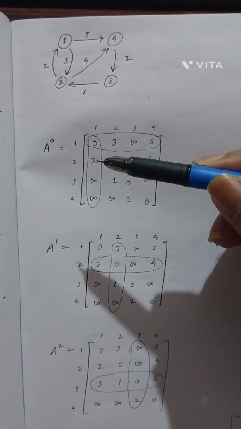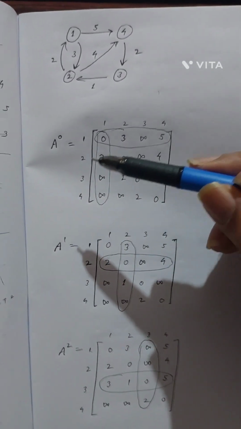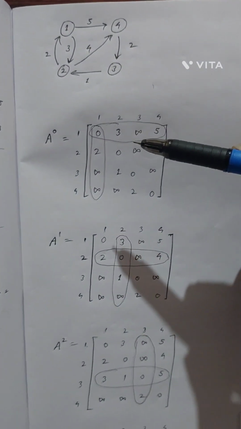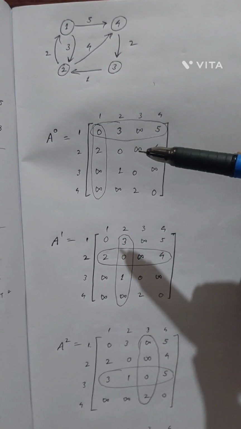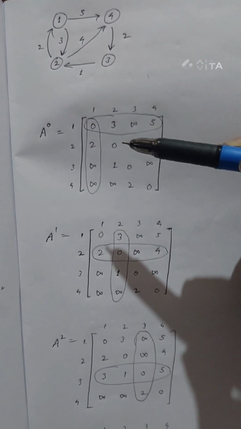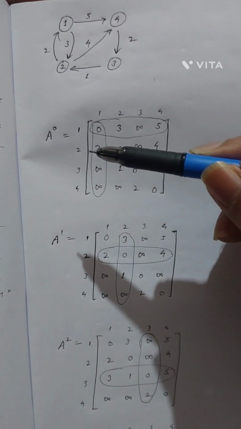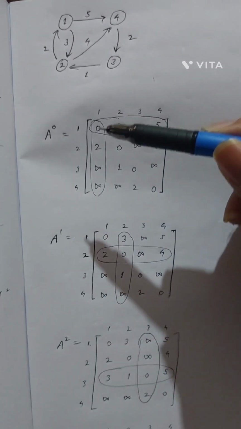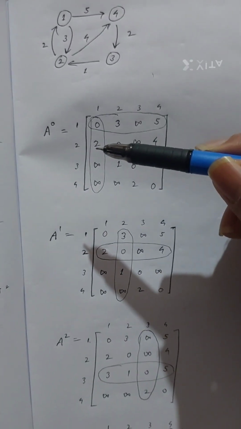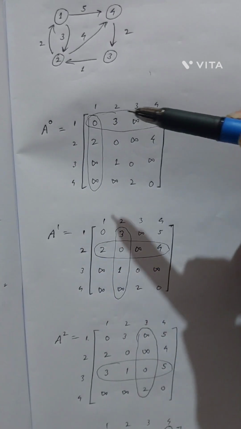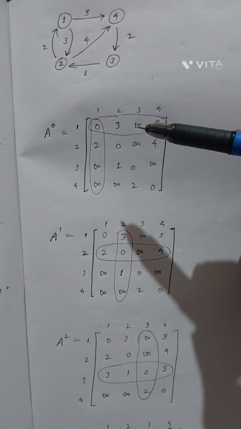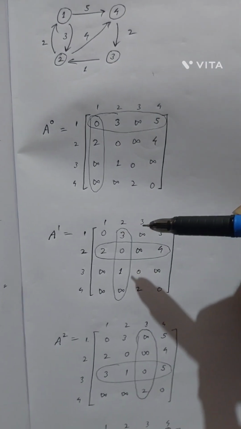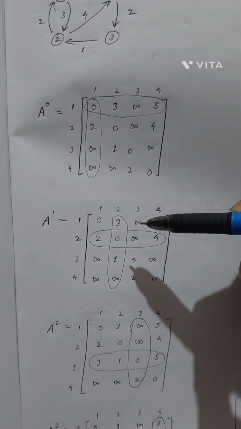So the shortest path between 2 and 3 in this case is infinity. We consider the minimum of infinity and the path that is via 1, that is 2 plus 3, which is again infinity. So the minimum of infinity and infinity is infinity, which we write here.